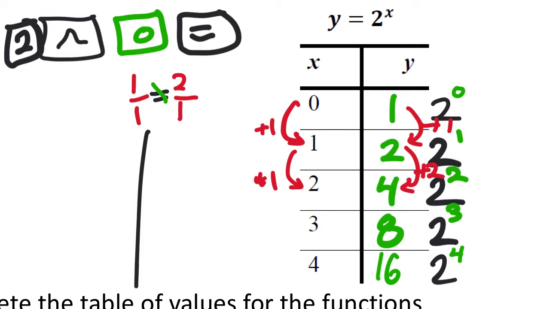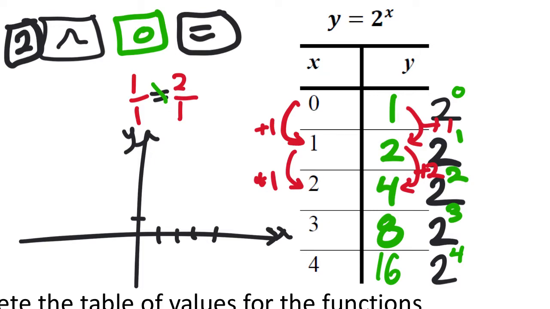But on the graph as well, it would show the same thing. I can't fit very much on there, but 0, 1, 1, 2, 2, 4.